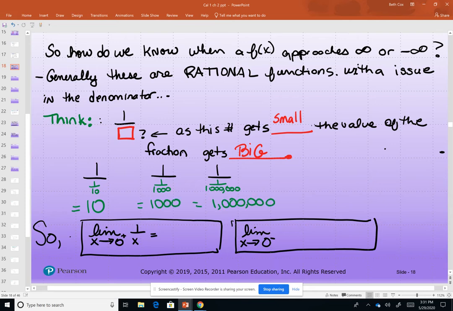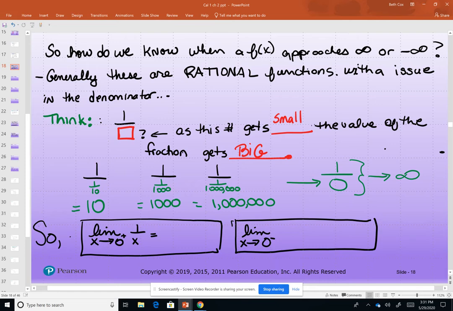So you can see how, as this denominator gets really, really small, or as it goes to 0, the whole value of the fraction goes to infinity. And so that's what's happening here. Now, the question is, sometimes, is it positive infinity or negative infinity?